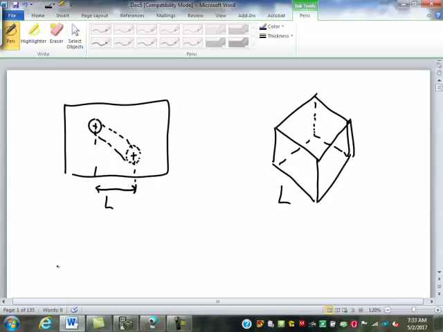Center to center distance between holes in that direction. The width of that box here is going to be the center to center distance between holes in that direction. So we have our length and our width. And of course, the depth or the thickness is just going to be the thickness of this, which we're looking down at from the top. I'm going to label it depth just because I don't want T to get in there.